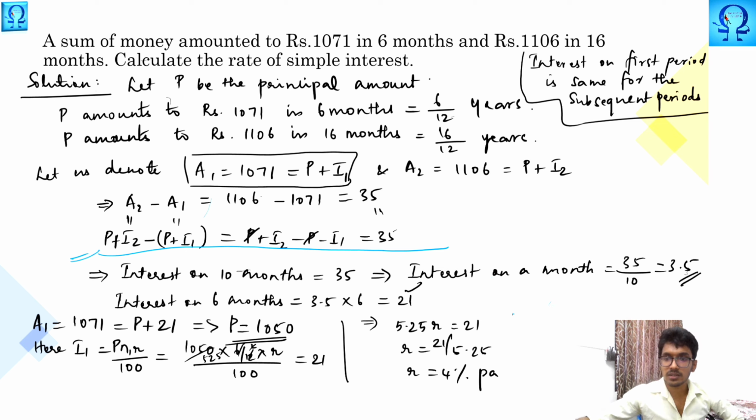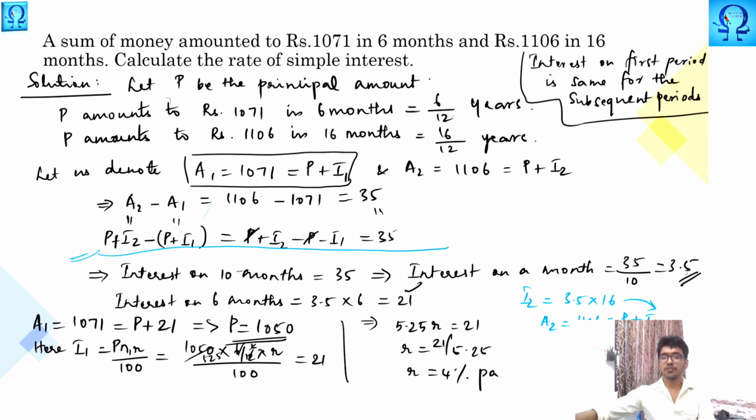If you try to find out the I2 value, it is going to be 3.5 into 16. You will have to calculate this value, and then A2 is 1106, which is P plus this I2 value. You will have to substitute this value, and with the help of I2 you may find out R value. In both the cases the value is going to be same, right?